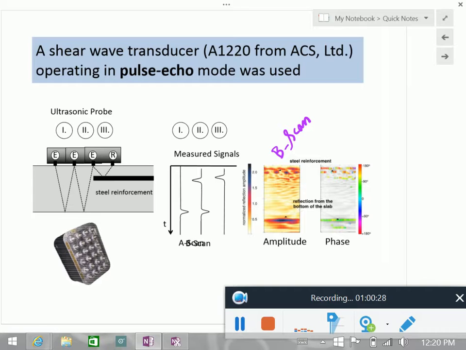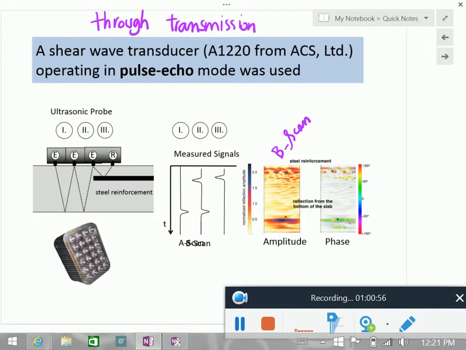Exactly. So in the lab you had a sender and receiver on both sides of your sample. If you look at your notes, I call that true transmission. So you were transmitting through the thickness of your sample, correct?